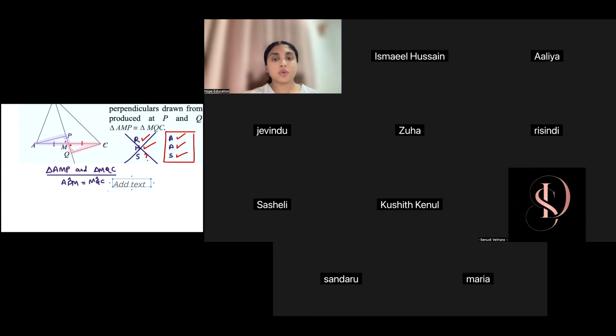The reason, of course, is given. Then another angle is AMP, which equals QMC. Why? Vertically opposite angles. So let's write that as well.